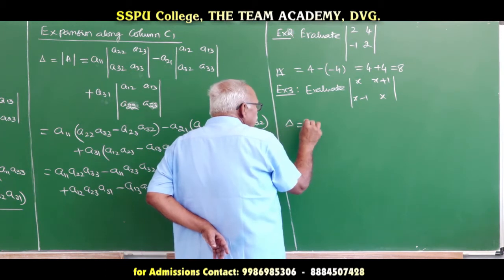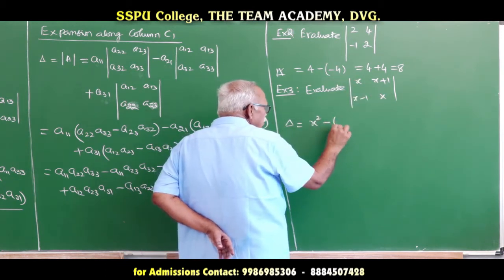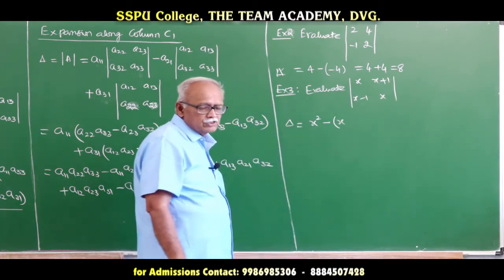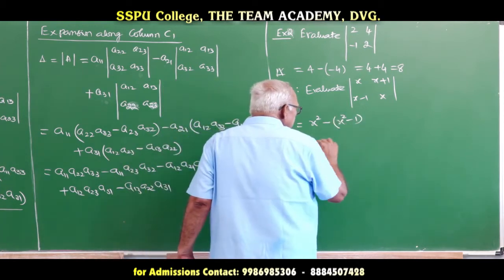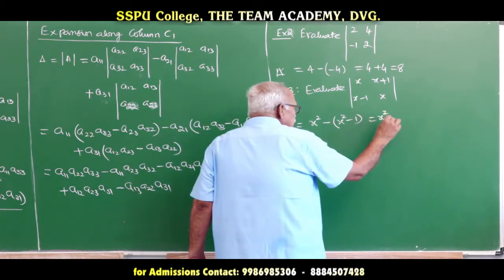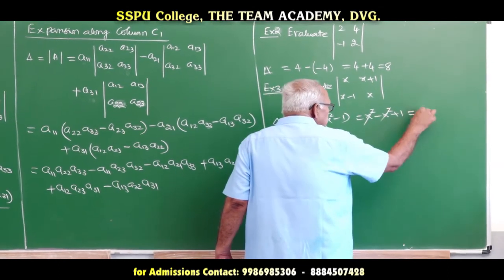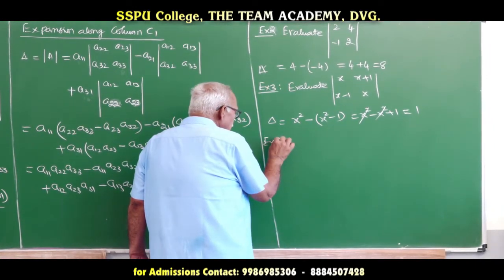Delta is equal to x into x, which is x square, minus of x plus 1 into x minus 1. You know a plus b into a minus b is a square minus b square. So, this is x square minus x square plus 1, x square cancels, the value is 1. Now, let us go to another expansion.